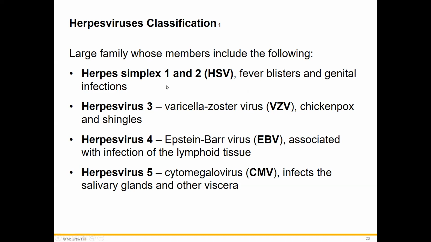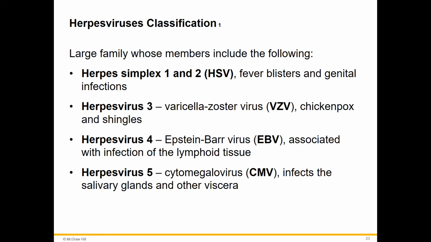Then we have herpes virus 4, which is Epstein-Barr, EBV. And this is going to be our lymphoid infection, our Epstein-Barr EBV virus, a double-stranded DNA virus as well. Herpes 5 is cytomegalovirus, CMV, salivary glands, as well as other organs it can affect, but really think about it as salivary gland infection.